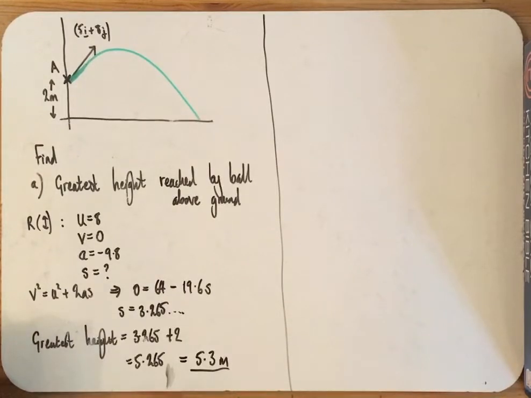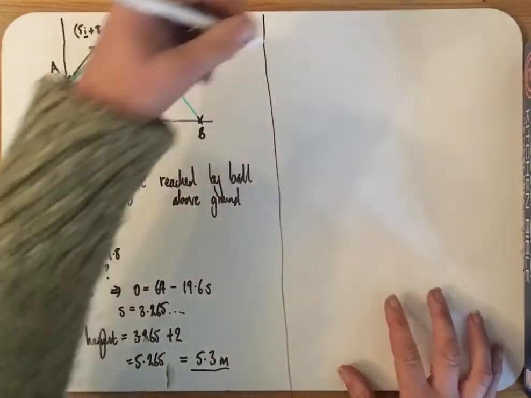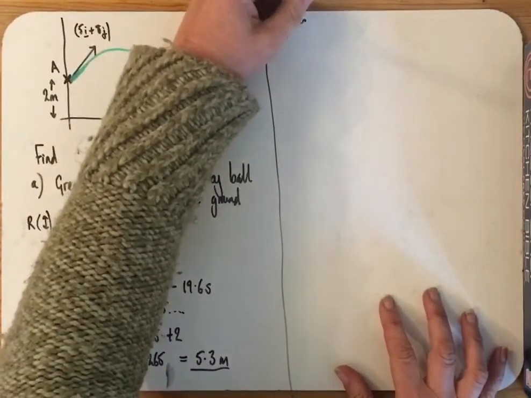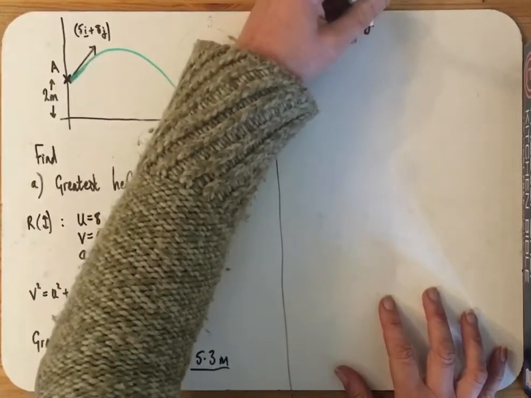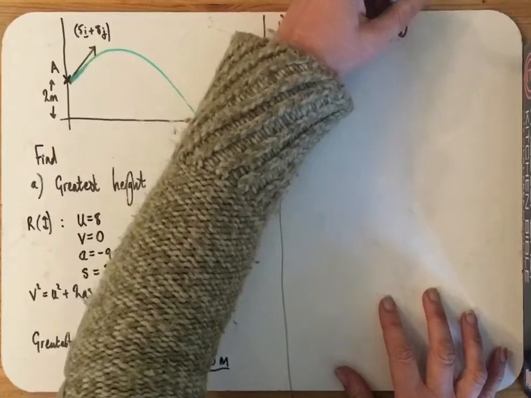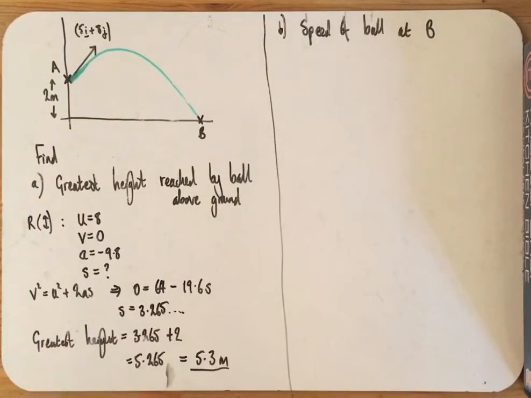to 2 sig fig. And then the next bit is find the speed of the ball as it reaches B. So B is where it lands. So speed of ball at B. So again, we're resolving vertically.